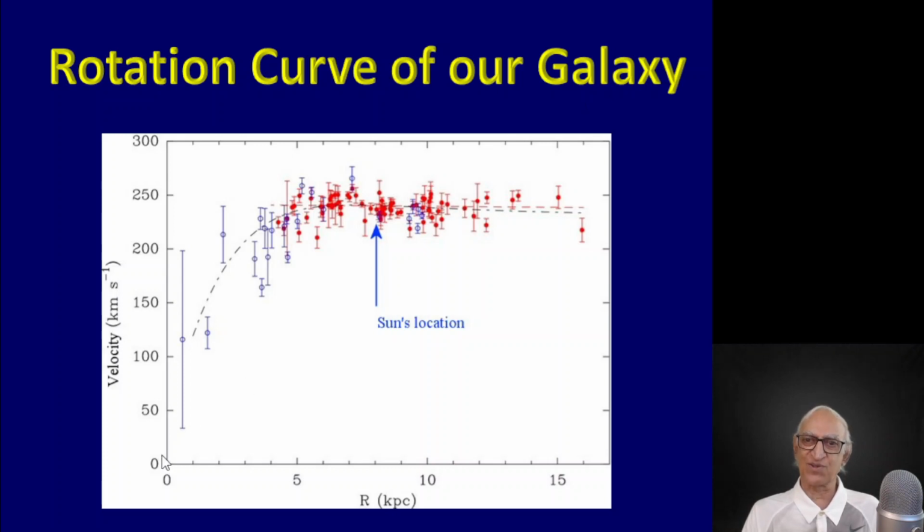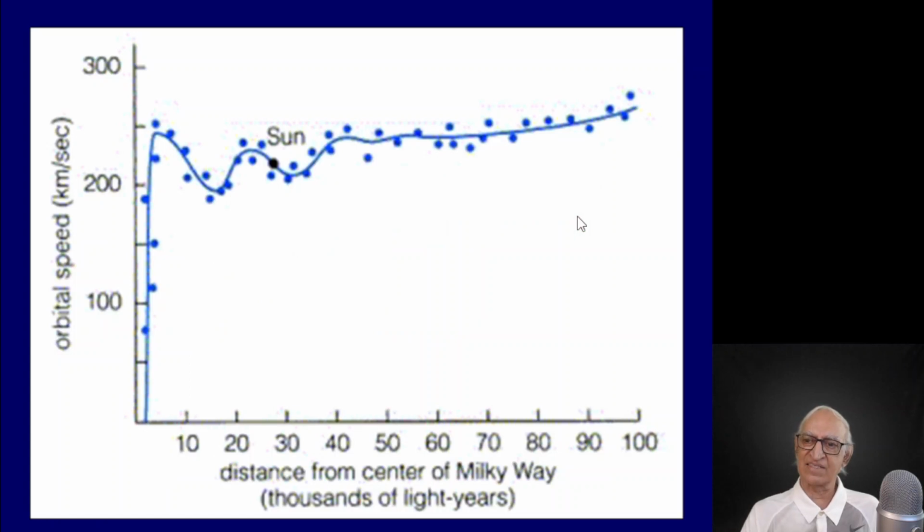What is plotted on the y-axis is the circular velocity or the orbital velocity or the tangential velocity as a function of distance from the center of the galaxy. After the initial rise, it is absolutely dead flat. And there is the sun's location, about 8 kiloparsec from the center of the galaxy. You notice that this circular velocity is constant to a very large distance beyond the location of the sun, and that has been extended by modern observations to a very great distance of almost 100 kiloparsec.